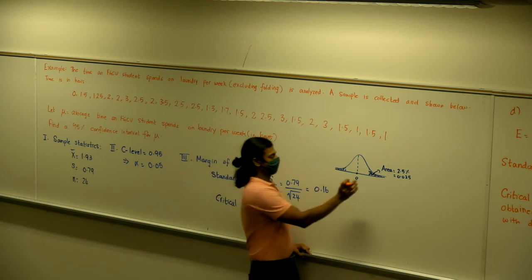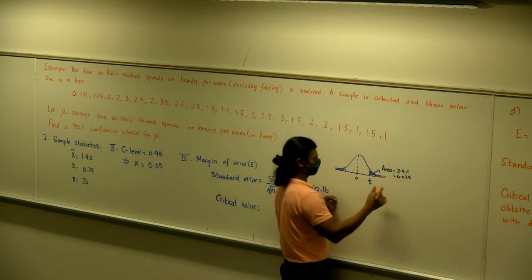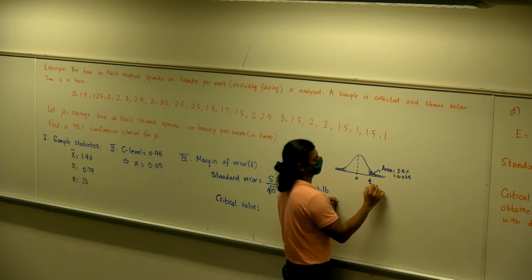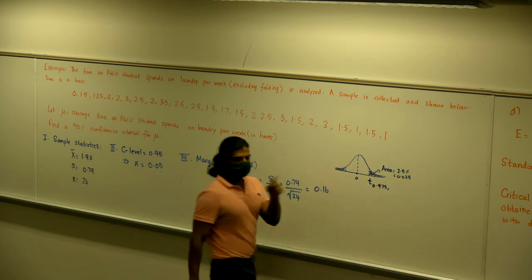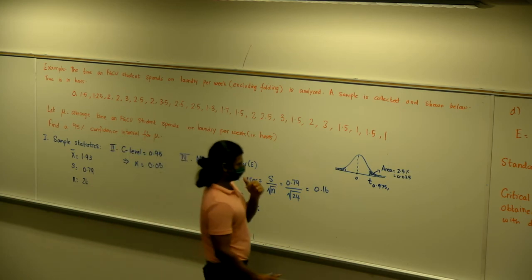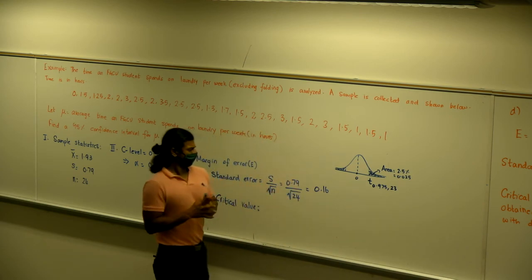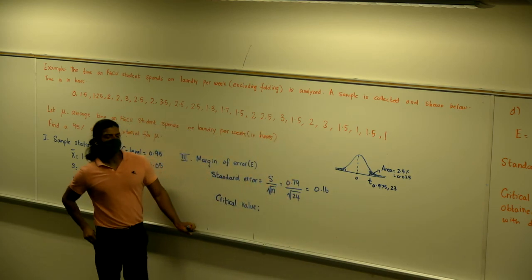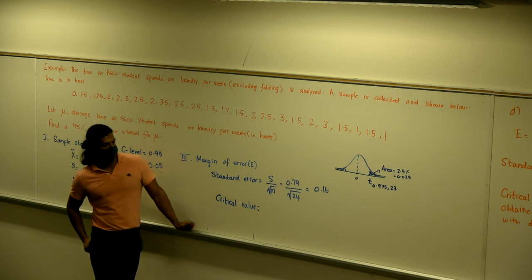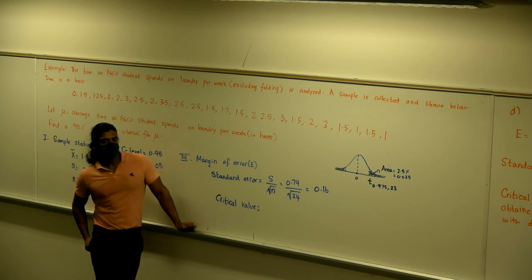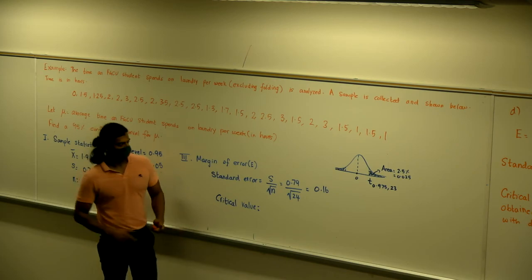As a notation, it'll be 1 minus 0.025, 0.975, with n minus 1, which would be 23. And that's good enough. It's best to have a positive critical value. So what do we get? 2.07.